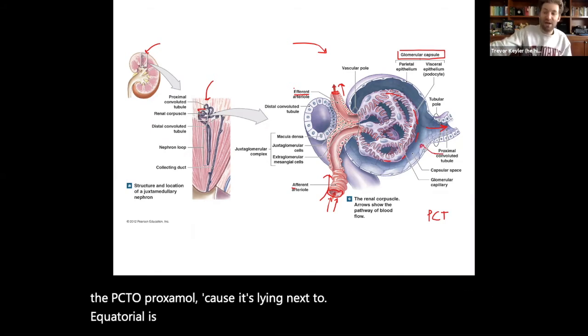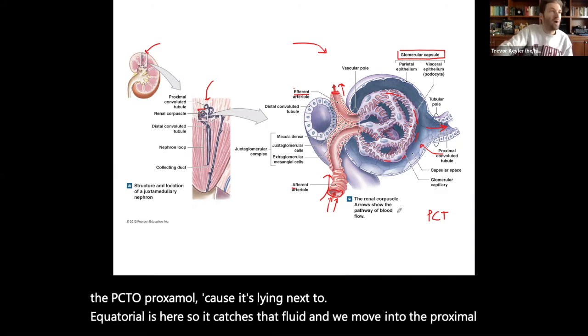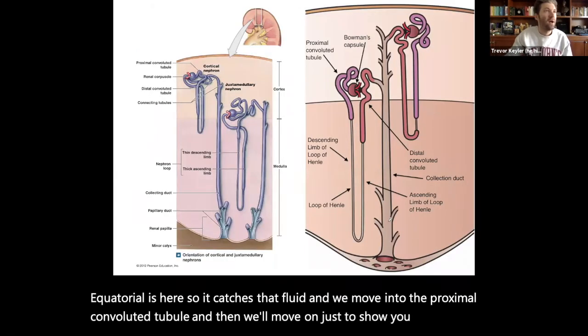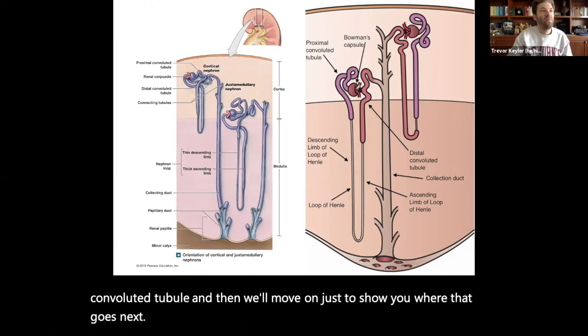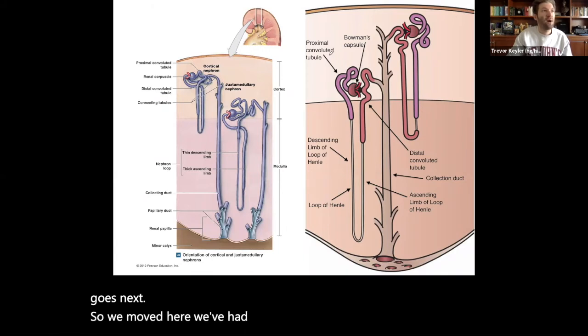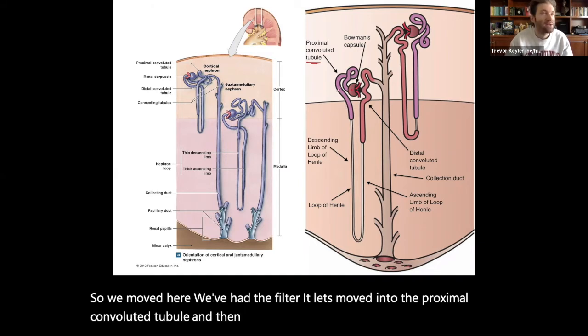Okay, so it catches that fluid, and we move into the proximal convoluted tubule, and then we'll move on just to show you where that goes next. So we've moved here. We have the filtrate that's moved into the proximal convoluted tubule. And then we'll see that we enter into the descending limb of the loop of Henle.